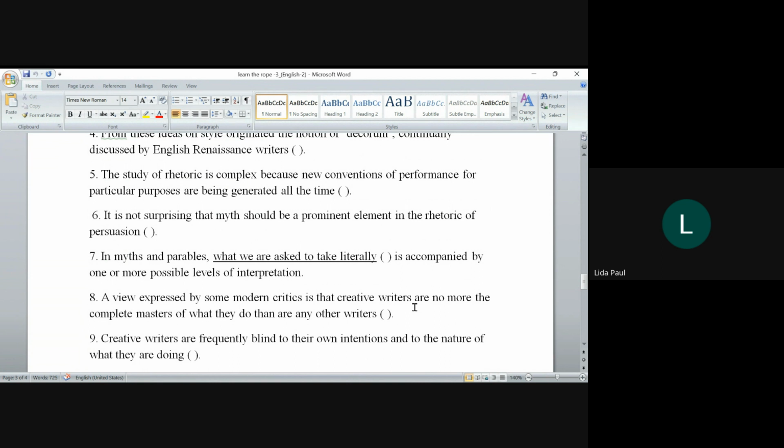The study of rhetoric is complex, right? This part is your independent clause. So then what is your subordinate clause? The later part: because new conventions of performance for particular purposes are being generated all the time.